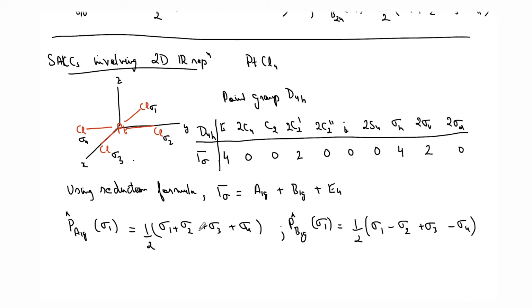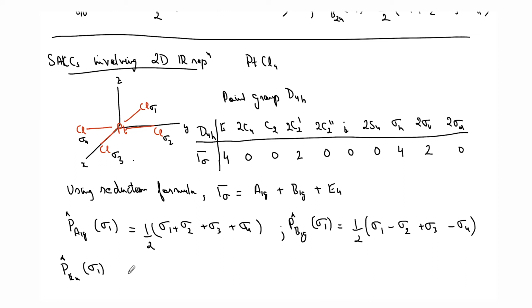Because these are one-dimensional IR representations, the projection operator will give you only one linear combination, whereas if you use Eu for the projection operator, you should get two linear combinations, because this is a two-dimensional representation, right?